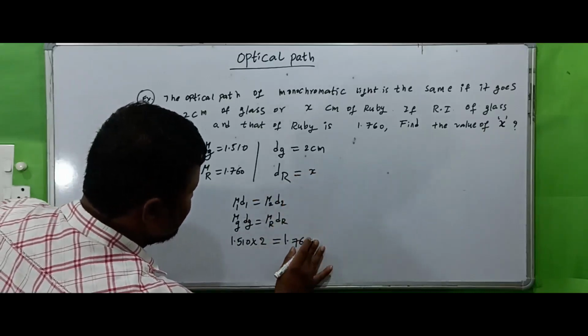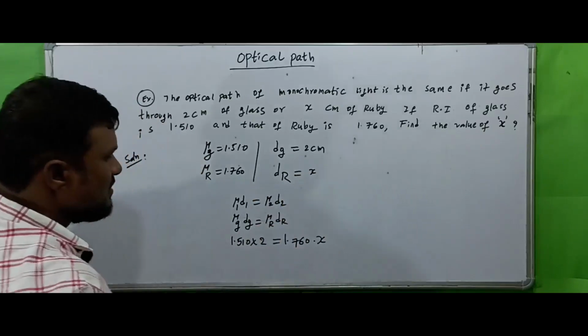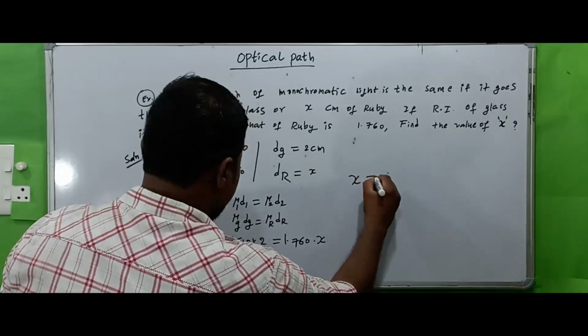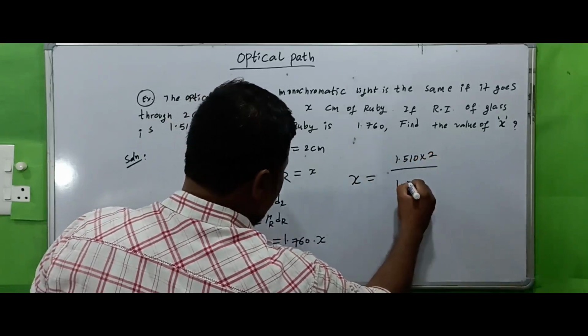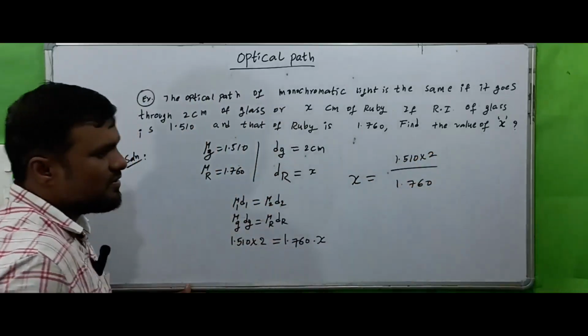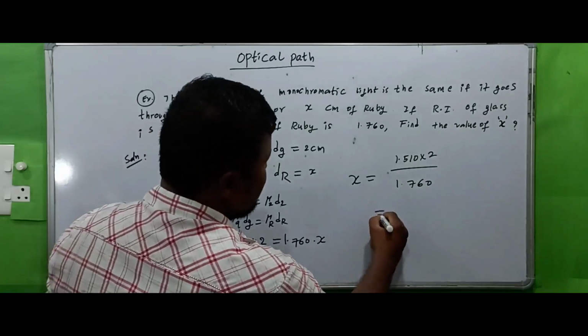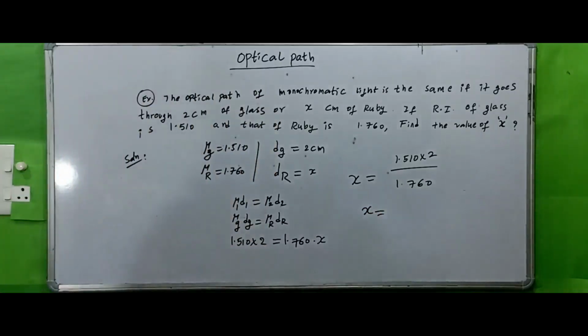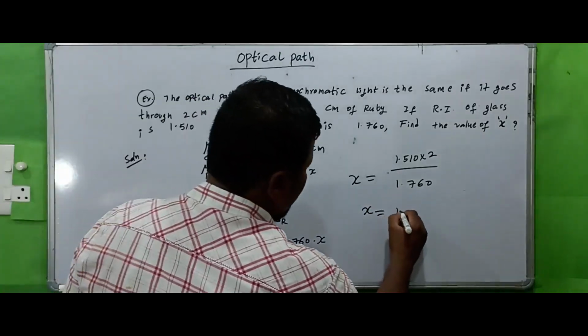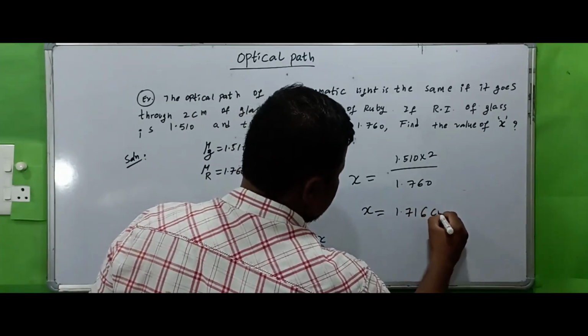We have to find x. So x becomes 1.510 into 2 by 1.760. By simplifying this, we get x equals 1.716 centimeters.